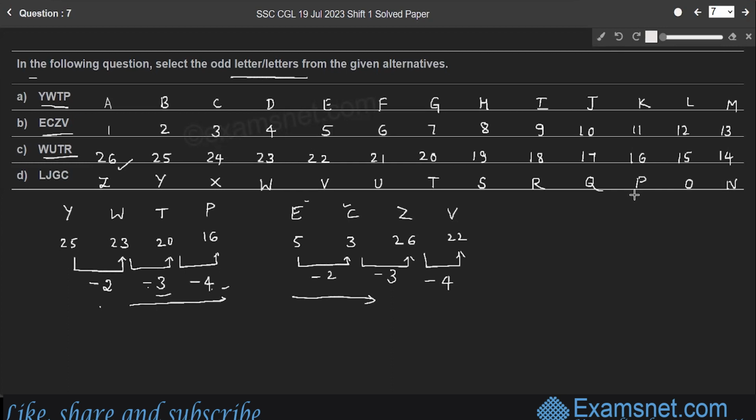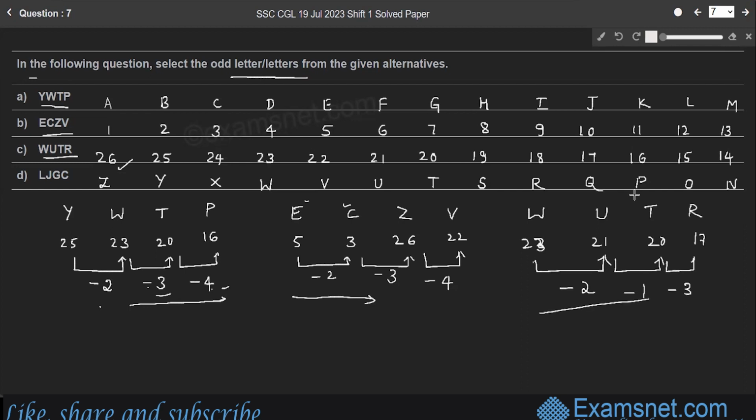Consider the third cluster, WUTR. W is 23, U is 21, the positional value of T is 20, R is 18. So let us check whether this cluster follows the same logic or not. Here W is 23, 23 minus 2 is 21, right? 21 minus 1 is 20, 20 minus 3 is 17.